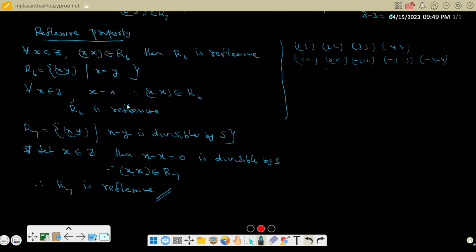If a relation has all three properties, that is reflexive, symmetric, and transitive, then we say that relation is an equivalence relation. You can show this R7 is an equivalence relation.